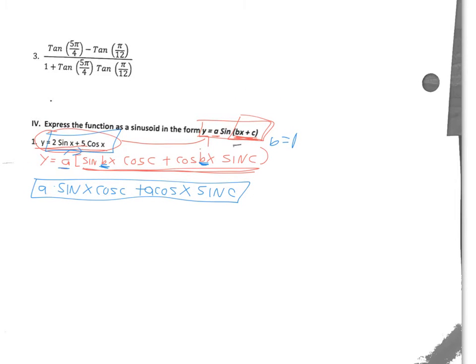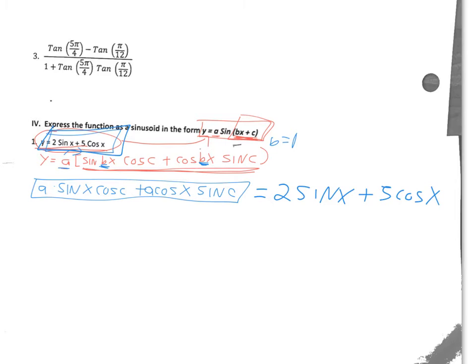So I want to set this equal to, as I said, this part right here. So if I set this equal to 2 sine of x plus 5 cosine of x, then we'll be able to solve for, what is it? It looks like a and c.